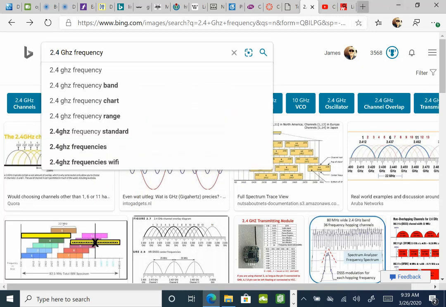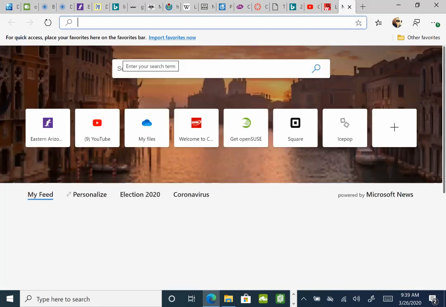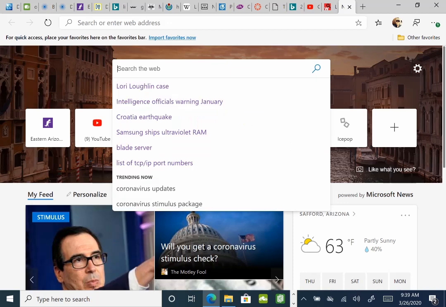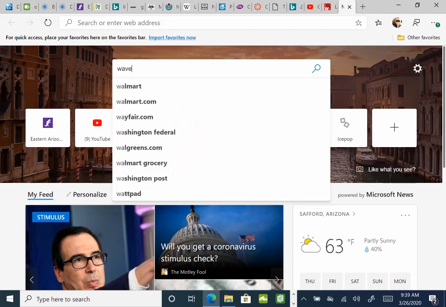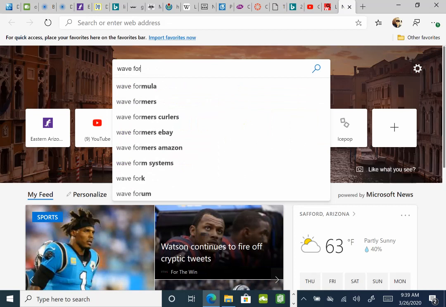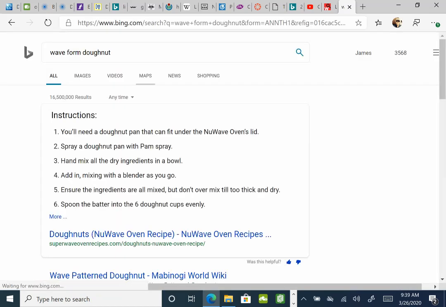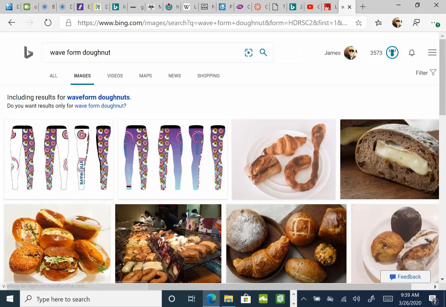I don't really want to lose this, so let's do another search for waveform, maybe donut. There might be something that'll actually pull up. Well, some donuts. There you go.